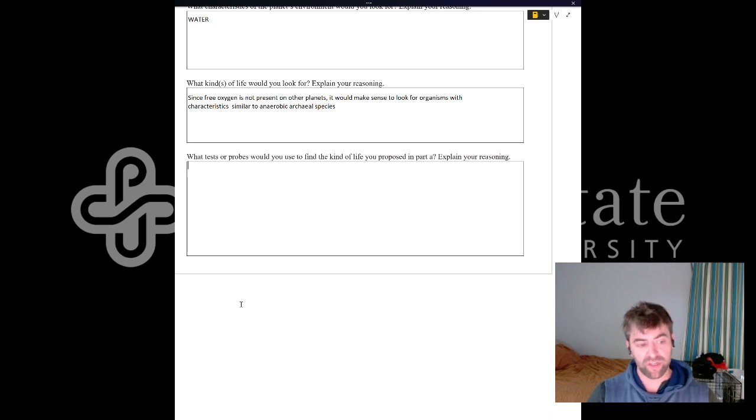We could also look for other compounds that we know are common to life, such as carbon polymers. We could analyze soil for carbohydrates, proteins, lipids, those biomolecules.